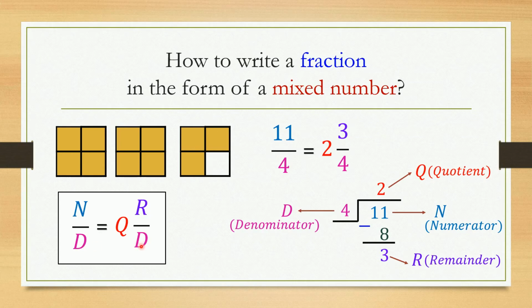We copy it the same, and the remainder of the division is in fact the numerator of the fraction part. So n over d is equal to Q R over d. So you need to memorize the steps or understand the steps that we followed here in order to be able to find the mixed number form of a fraction.